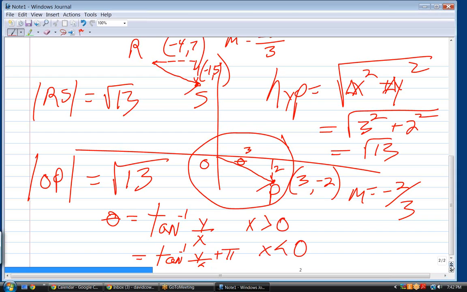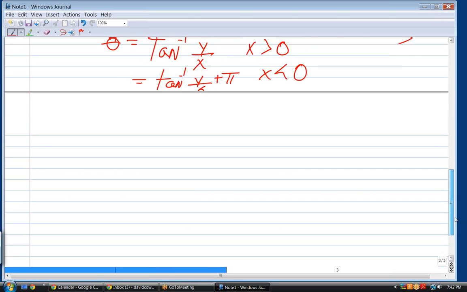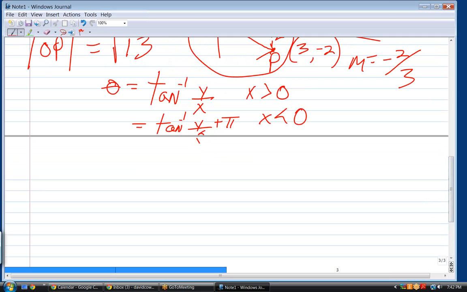And there's a lot of different ways that they try to get you to memorize this. They don't all define it this way, but I've found that that's the best way to define theta. Okay, and this is also strange.